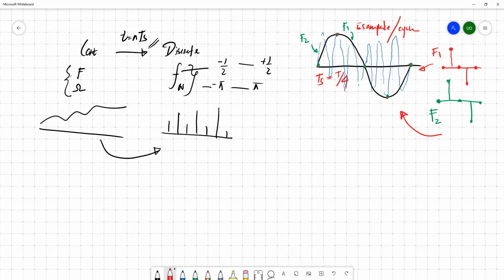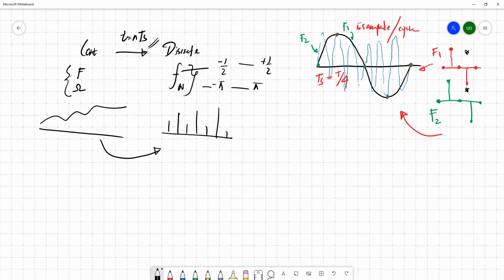So we cannot recognize those two signals, this one and this one. We cannot recognize in the discrete domain whether it is derived from the black line or the blue line.